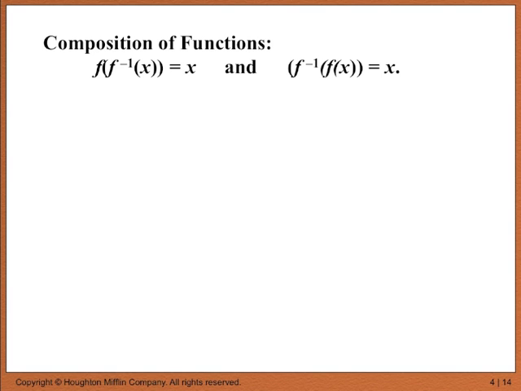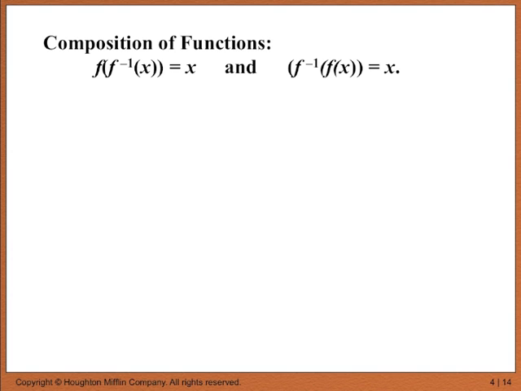Composition of functions. We saw this in chapter 1 when we were doing inverses. So f of f inverse of x equals x, and f inverse of f of x equals x. F minus 1 is one way to read it, but really it's better to read it as just f inverse, because the negative 1, as said so many times before, is not an exponent.